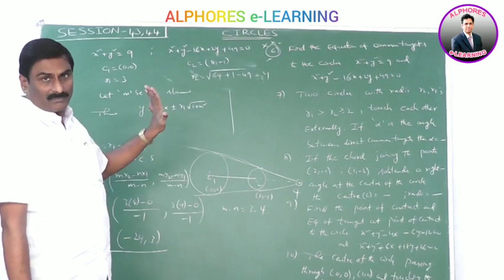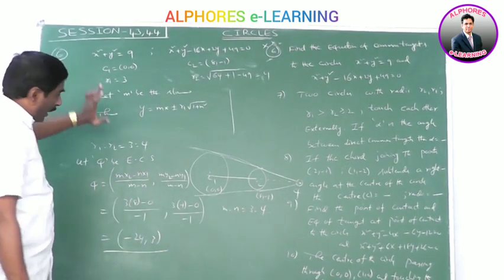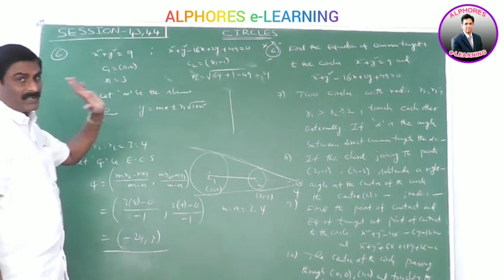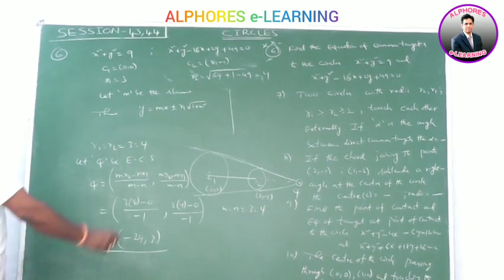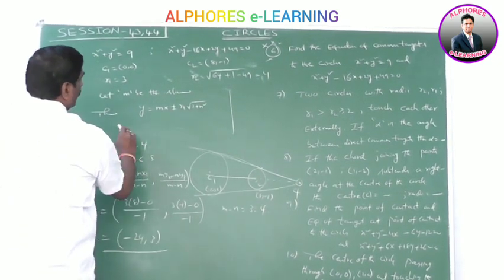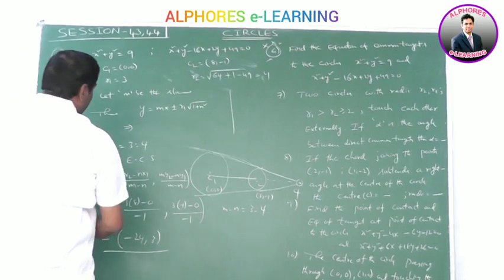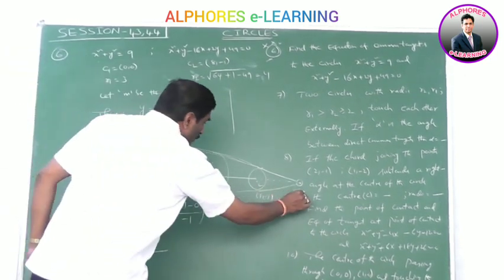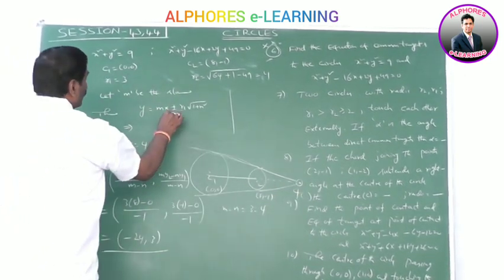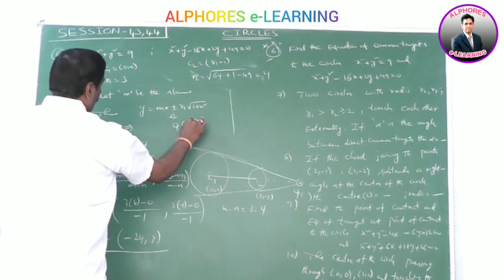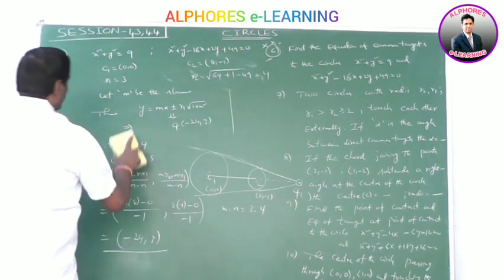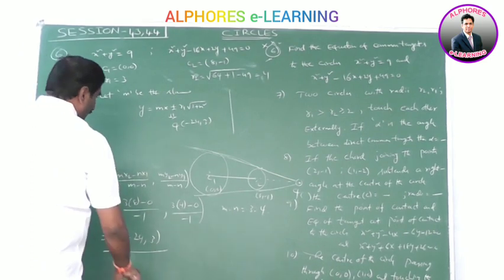Both equations are the same. Now we use the first circle equation, y = mx ± r1√(1 + m²). This tangent must pass through the point Q, which is (−24, 3). Substitute that point in this equation.